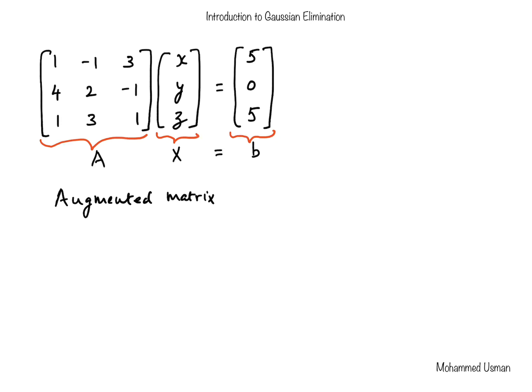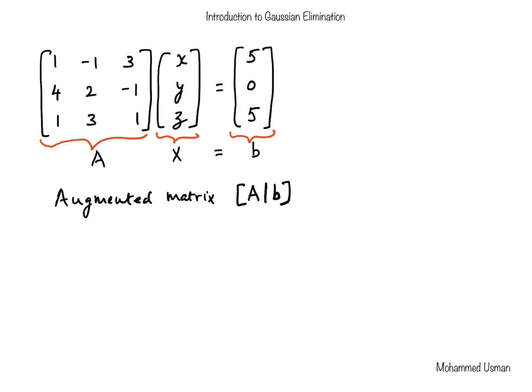Given a system of equations which has been represented as a matrix equation, where we have the coefficient matrix A, the vector of variables x, and the vector of numbers on the right hand side of the equality, which is denoted by the letter B. Now the augmented matrix is nothing but the concatenation or the joining of the coefficient matrix and the vector B. So that is the notation for the augmented matrix.